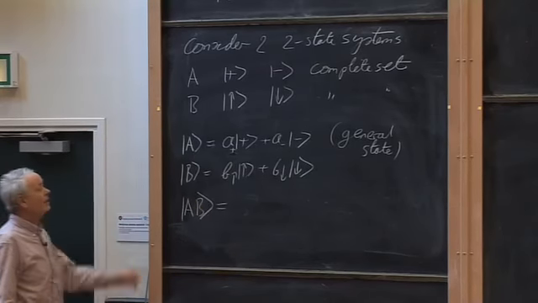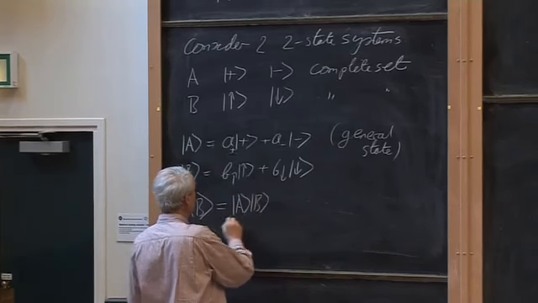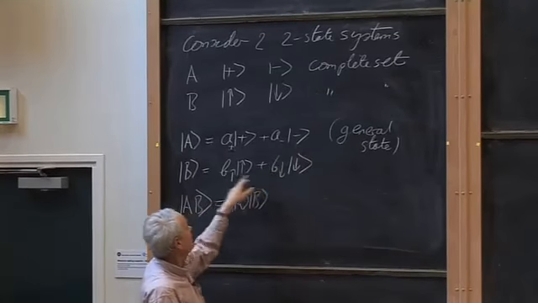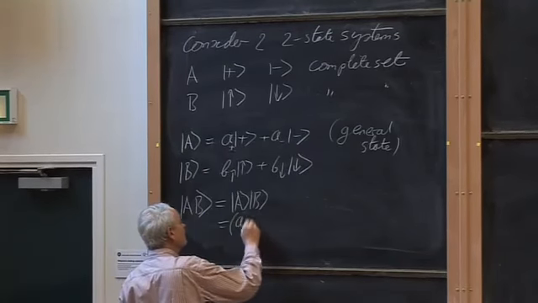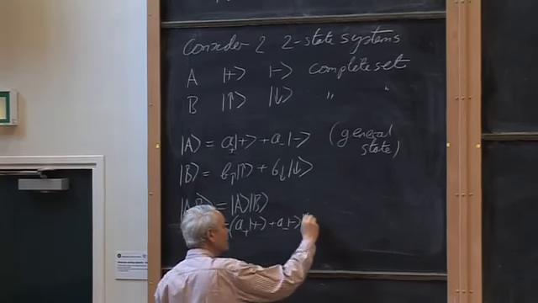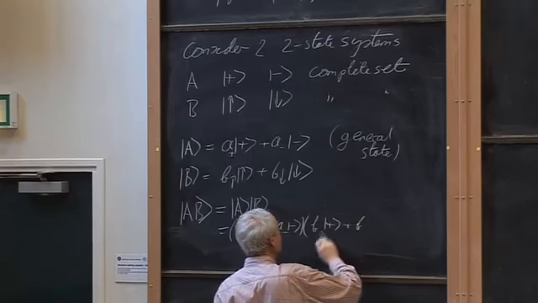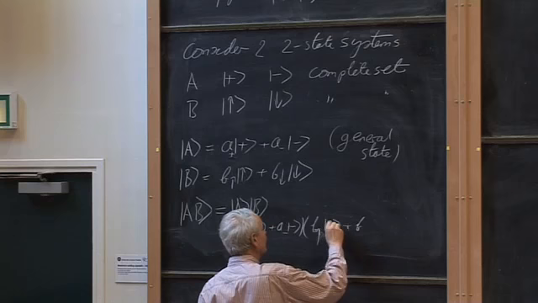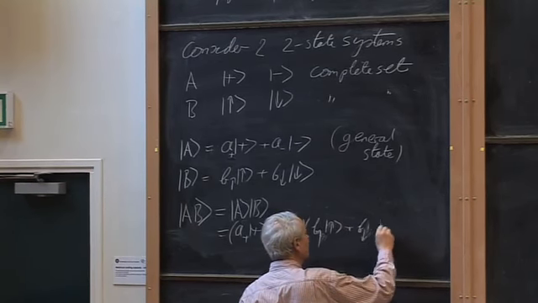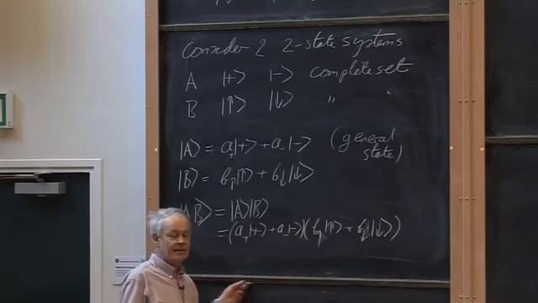The state of AB that we get is going to be this thing bracketed into this thing, A plus plus A minus minus, times B up ket up plus B subscript down, ket down. And when you multiply this out, you get a disgusting mess, right?